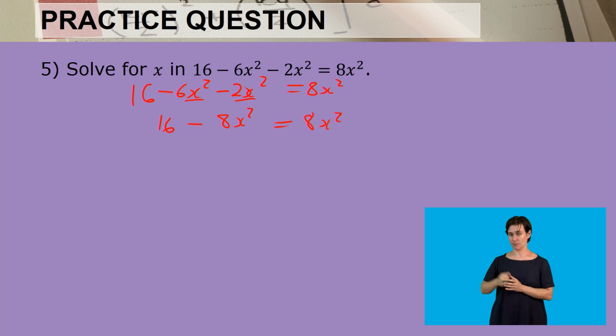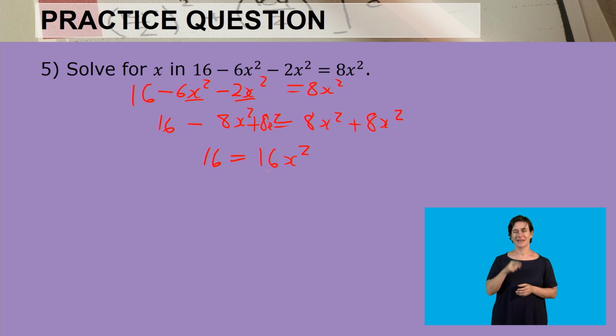The additive inverse of negative 8x squared is plus 8x squared, and on the right we also add 8x squared. Negative 8x squared and positive 8x squared give us 0, so we remain with 16 on the left, and on the right 8x squared plus 8x squared gives us 16x squared.